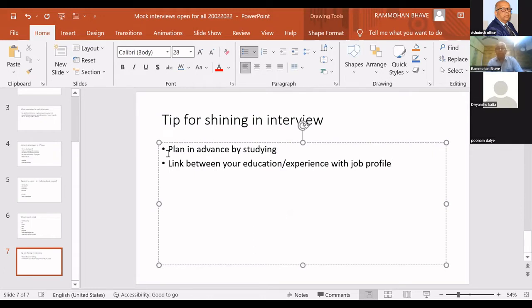So you should go prepared on that. Then the website of the organization where you are getting interviewed. Then directors or KMPs of the organization should be known to you.